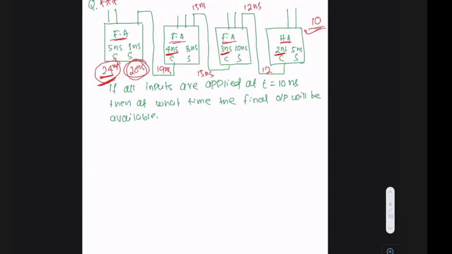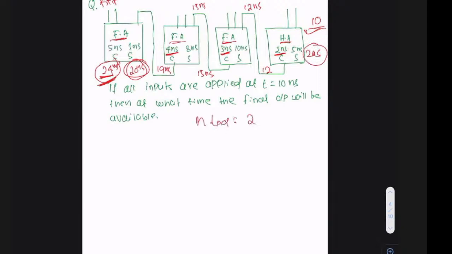So even if you don't know that formula, if you know this concept, you can easily answer this. But if all these delays had been the same, let's say all these 8 delays which I've mentioned, if I say the sum and carry delay of each adder is 2 nanosecond, then what is the answer? The worst case delay in this case will be n into TPD.